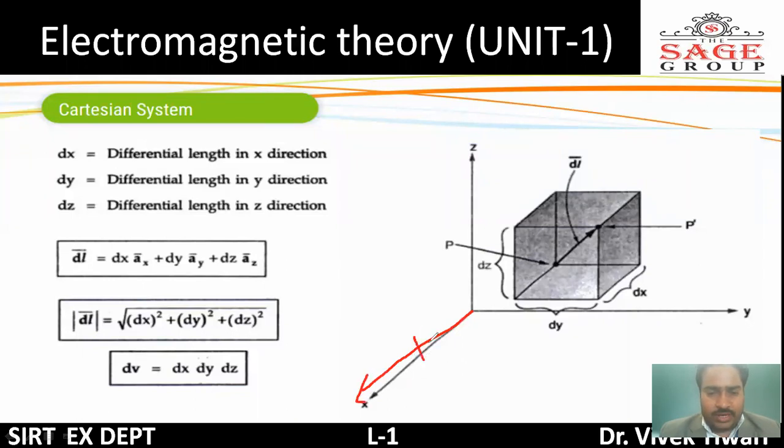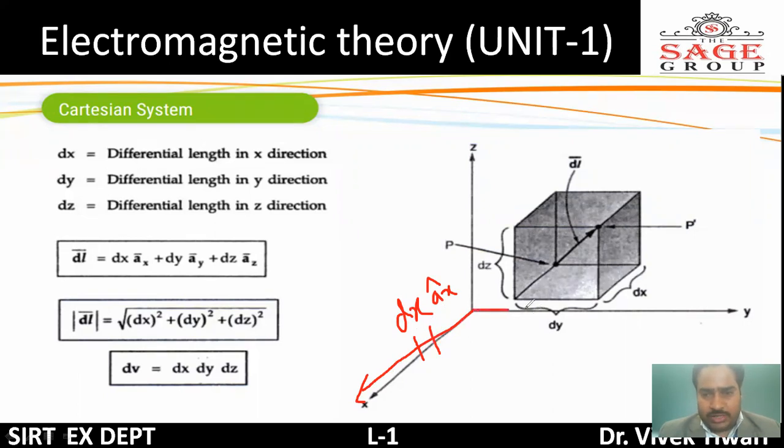We take a small quantity known as dx. This is a small variable quantity in the x direction, and its direction is ax. Both are important.